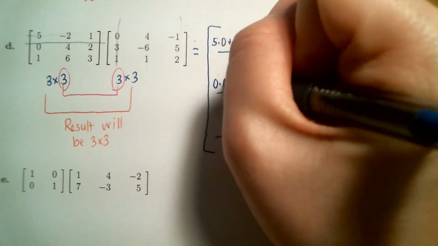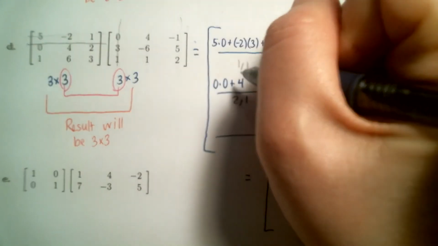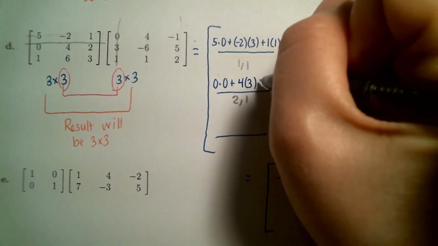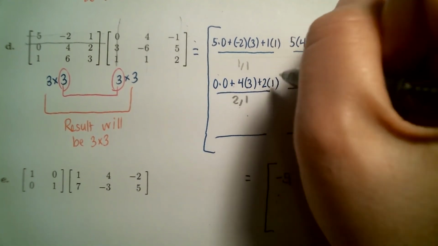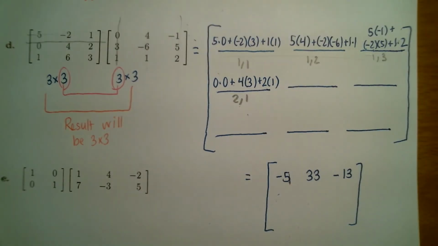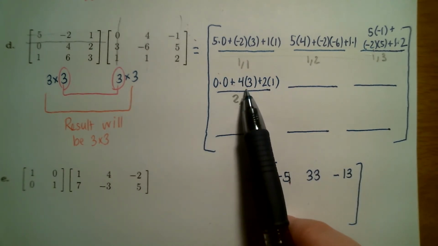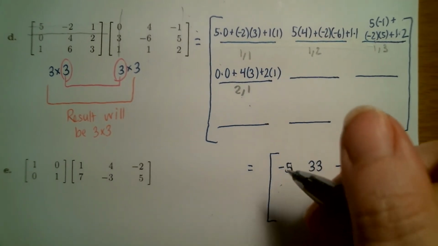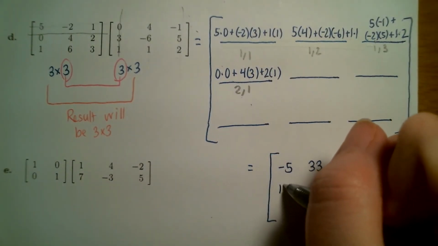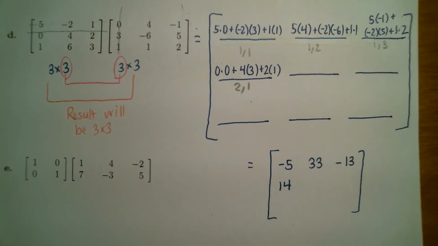Let's write that down. I may just start writing it down here as we go so we don't have to go back to it. So this is going to be 0 plus 12 plus 2 is 14. So there we go.